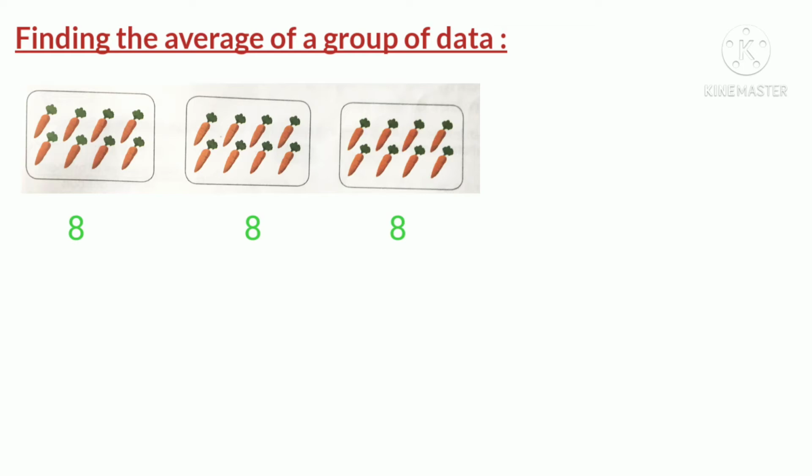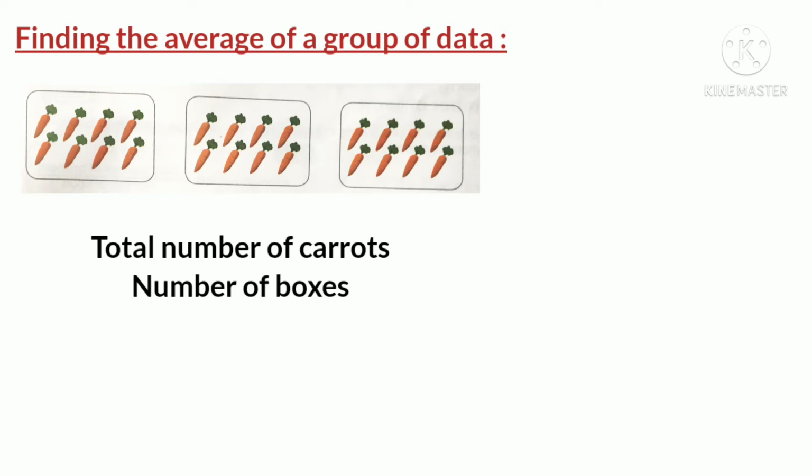We can also divide the total number of carrots by the number of boxes to find how many carrots there should be in each box. There are 24 carrots altogether, and 24 divided by 3 is 8. That means when we divide the total number of carrots into 3 boxes equally, we get 8 carrots in each box.